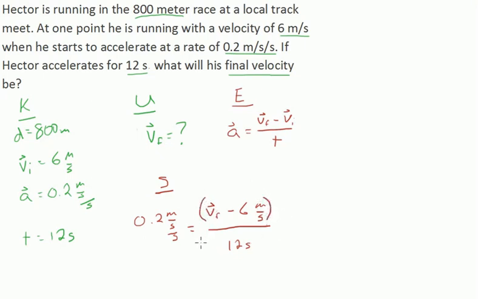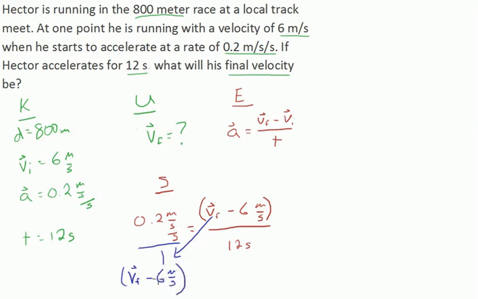And so again, we'll still go through what I think is probably the simplest way to solve these, which is just treat this whole thing over 1 on this side, and we'll cross multiply like so, and we'll end up with what's in the parentheses over here, final velocity minus 6 meters per second.